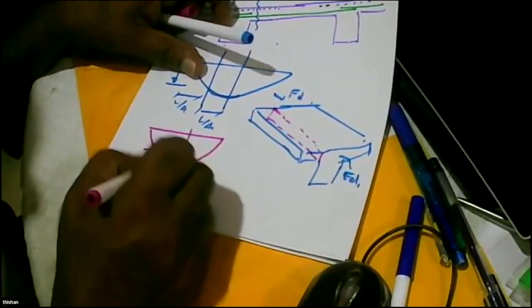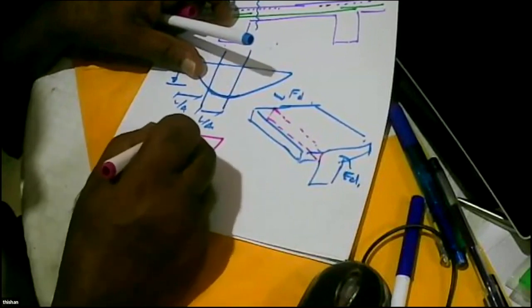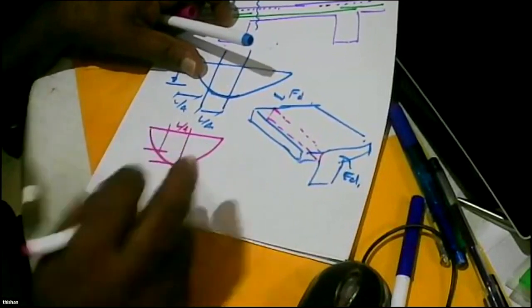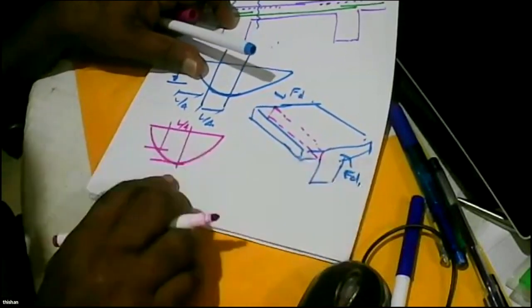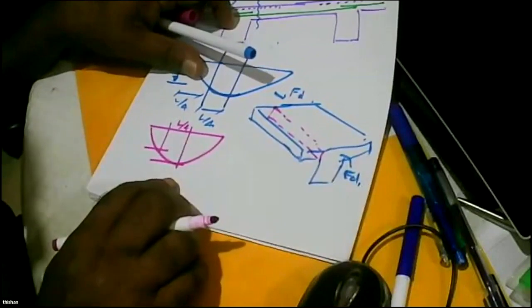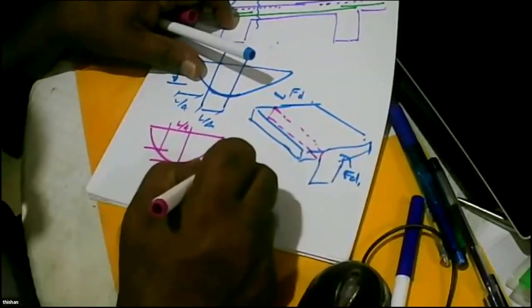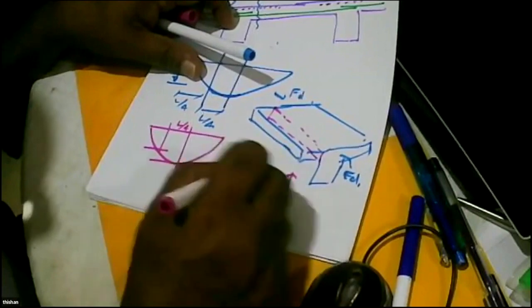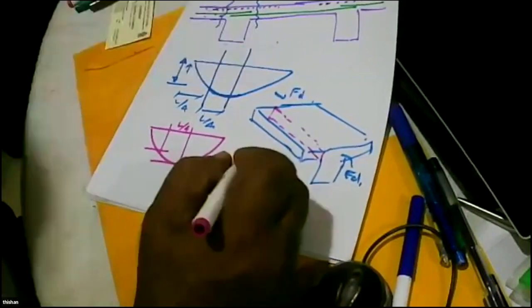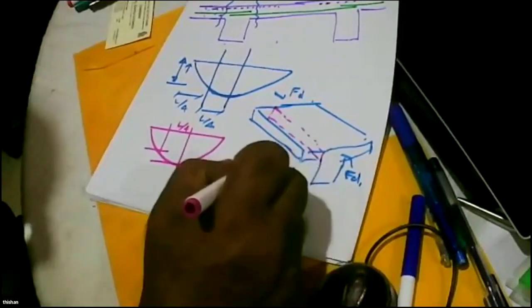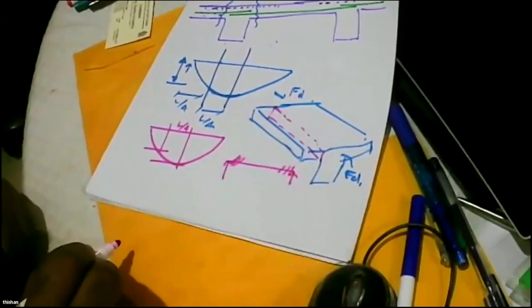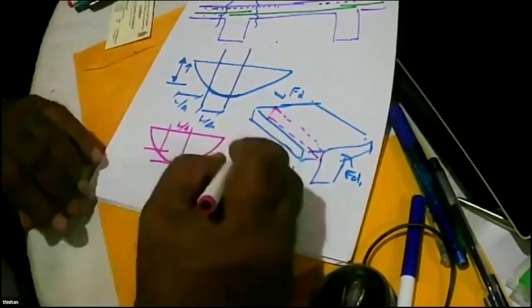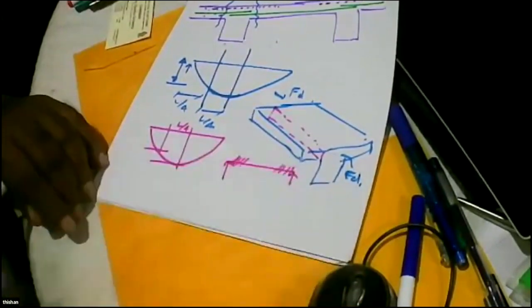These two quarter points will experience a lesser change in moment. So if the beam is going to fail, it will fail here, or it will fail here. It will not fail elsewhere. So it goes well with the shear requirement as well.